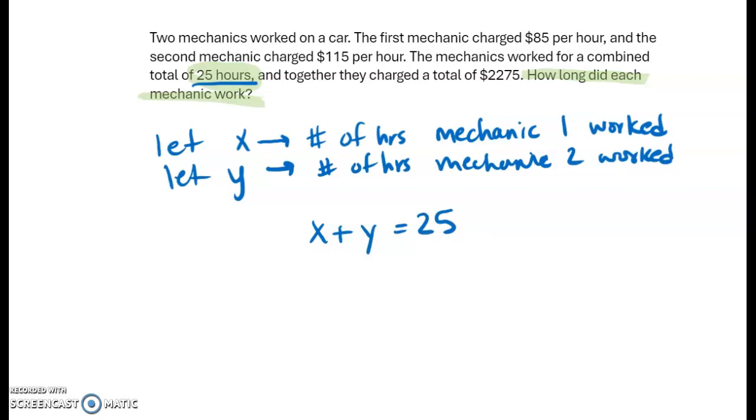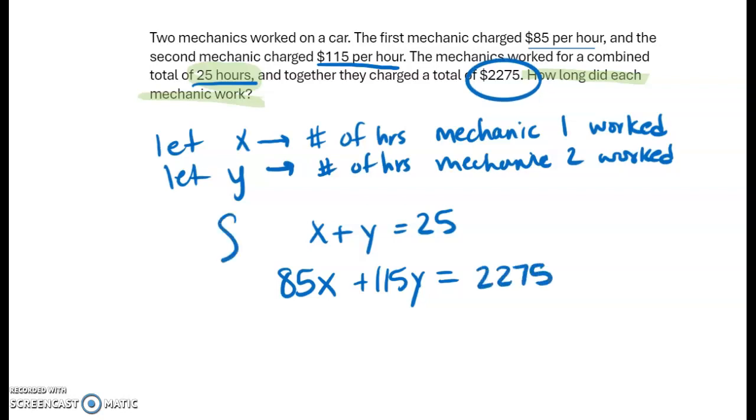Now, when you are charged per hour, what you have to do is take the number of hours and multiply it by the amount per hour. And so if I take 85 and multiply it by the number of hours that mechanic 1 worked, and I take 115 and multiply it by the number of hours mechanic 2 worked, add them together and it will give me the total that I paid.